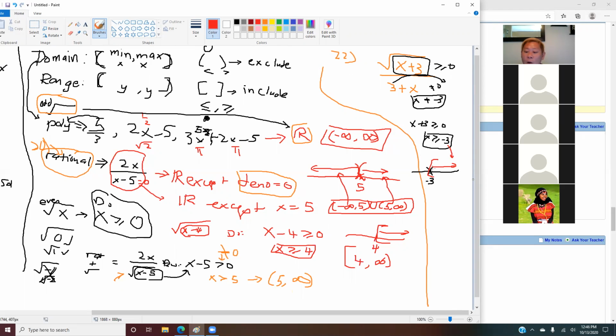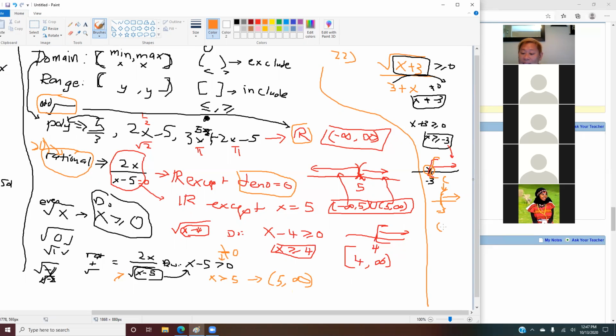Since one says it cannot include and one says it can include, the domain in this case will be not including it. If you ask me who has more authority, like order of operations, where exponents come first, then addition and subtraction, here the one that does not include has more power. That's why for the domain we use the parentheses here.